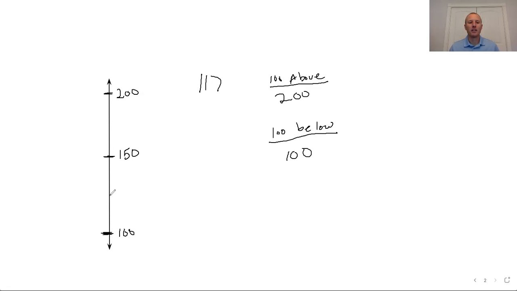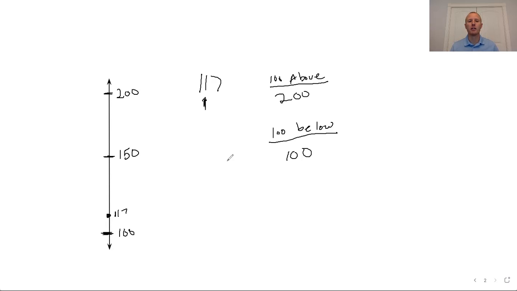So 117 is right about here. So we need to look at the tens place to decide today. And just like we rounded to the nearest 10, if the tens place is a 4, 3, 2, 1, or 0, we're going to round down.